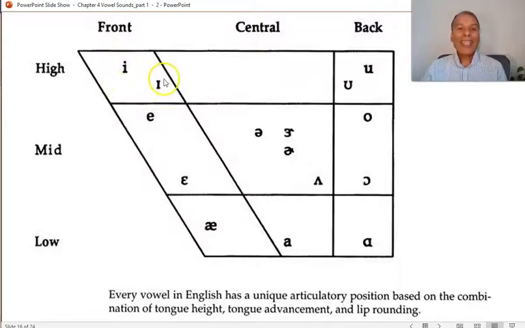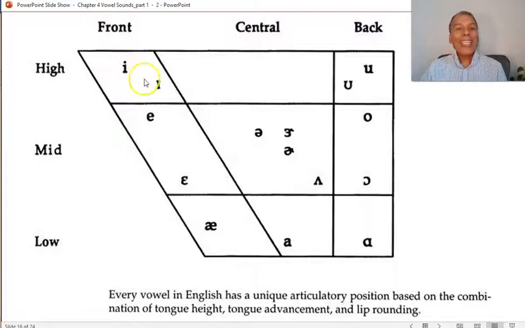And if you replace the E with this one, you have a different word. It will be sit. Seat, sit. Okay? Feet, fit, feet, fit. Of course, again, don't worry about the spelling. So these are examples.